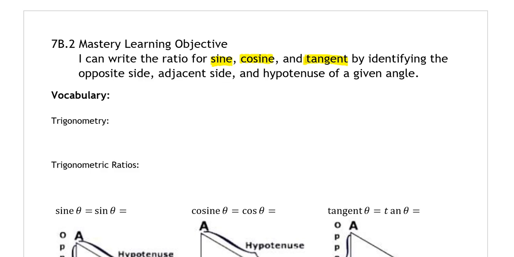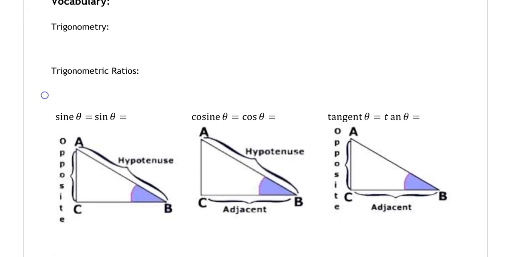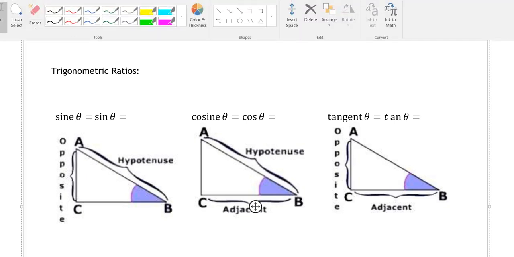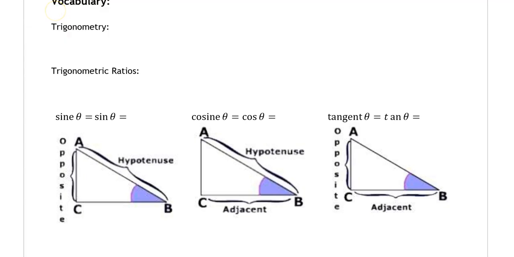Looking at our vocabulary, really we're getting into what the core of trigonometry is. And that's what our unit is. It's right triangle trig. So what is trigonometry?